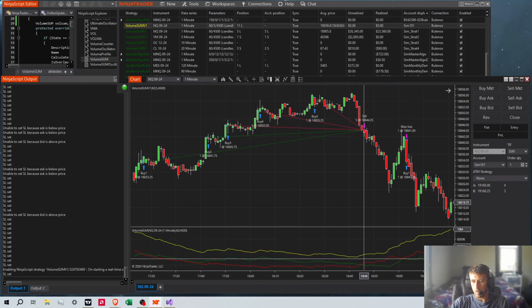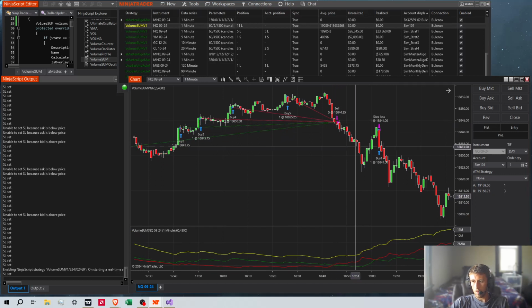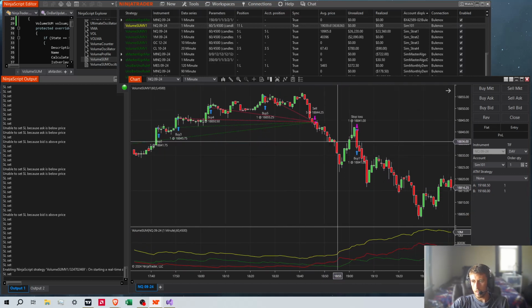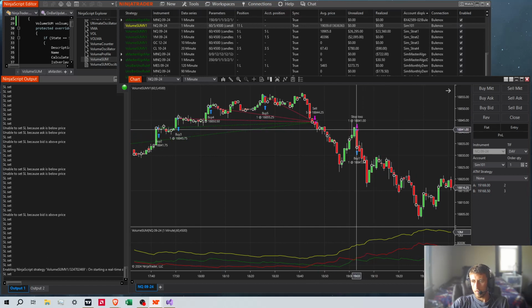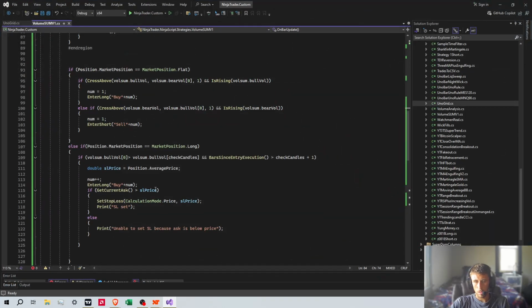Here we get our exit long. But here is where we want it to be taking the sell. I have no idea where this stop loss is coming from, because there's no stop loss. Oh wait, actually there is.